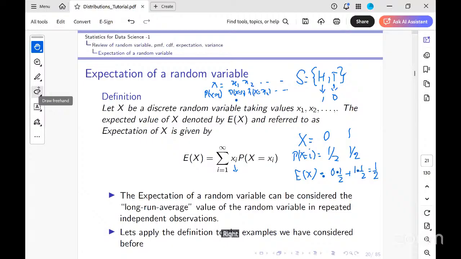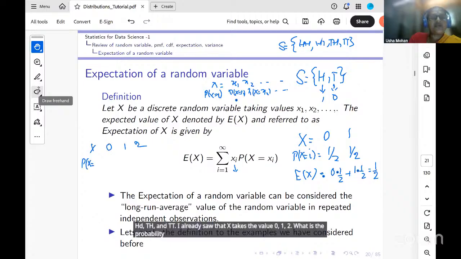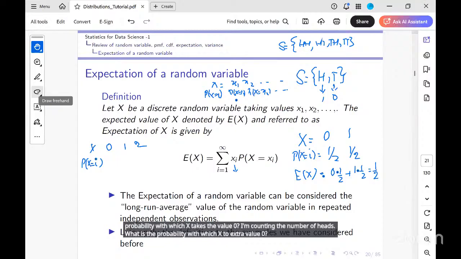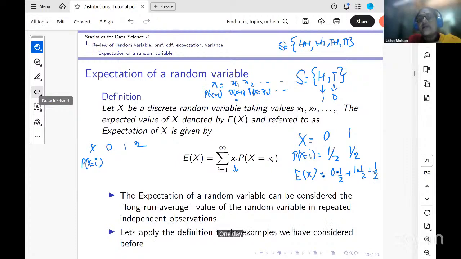Suppose I have HH, HT, TH, and TT. I already saw that X takes the value 0, 1, 2, where I'm counting the number of heads. What is the probability with which X takes the value 0? That is both tails, 1 by 4.